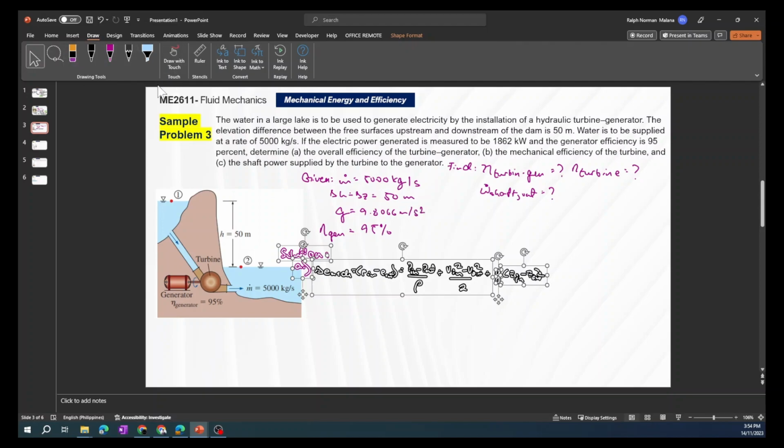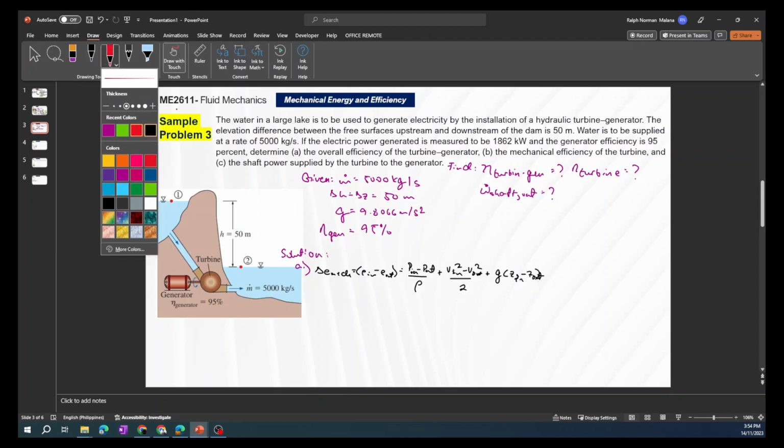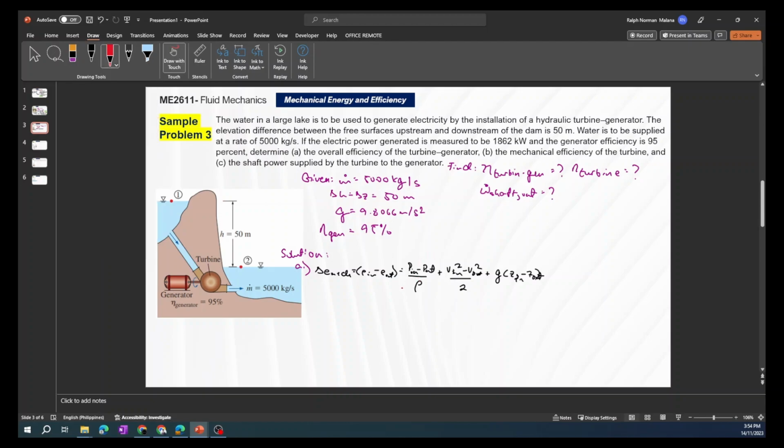Let's just group that together and then cancel out a few things. For one, both ends are exposed to atmospheric pressure, so meaning this will cancel out. Since we have the same mass flow rate, we can assume that the velocity is negligible too. It's going to be 0, 0, leaving us with this one.